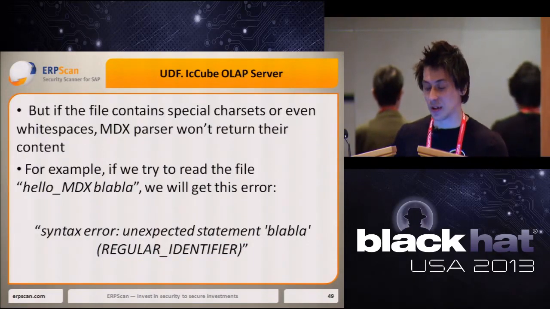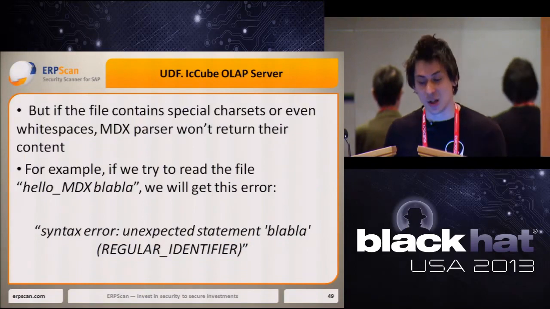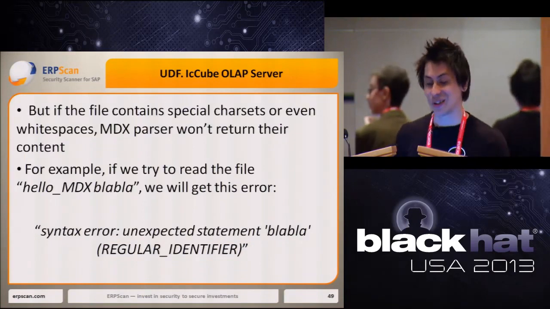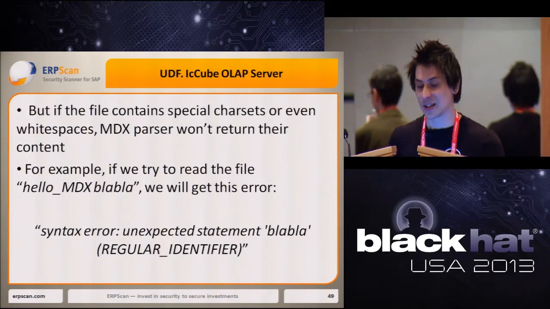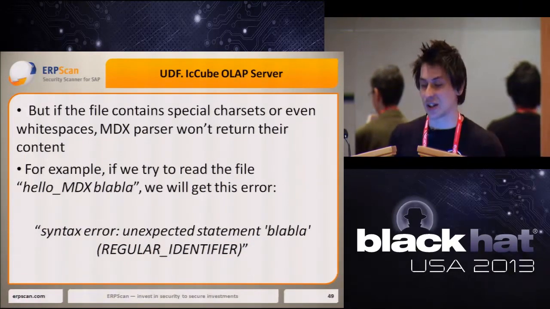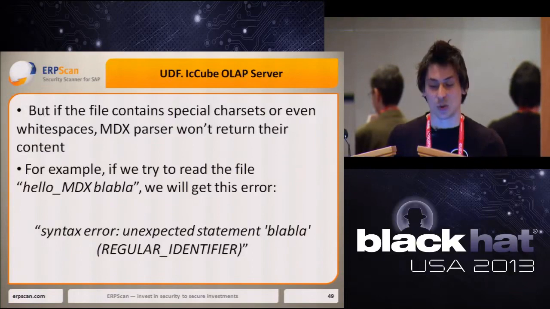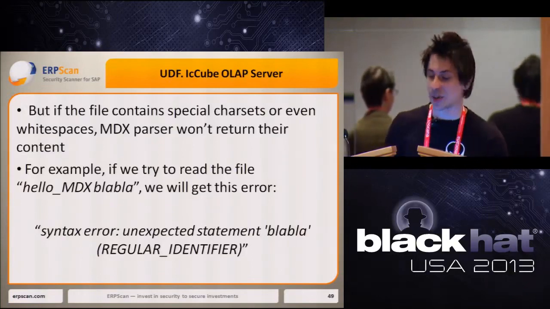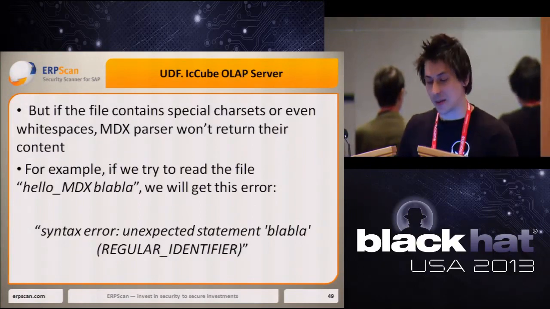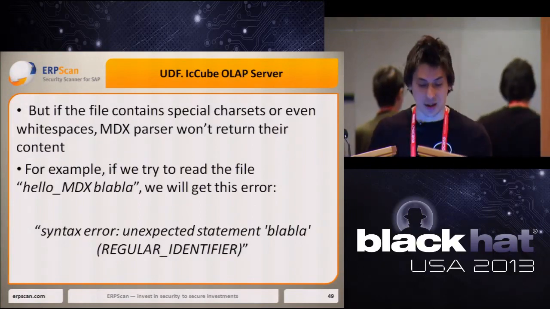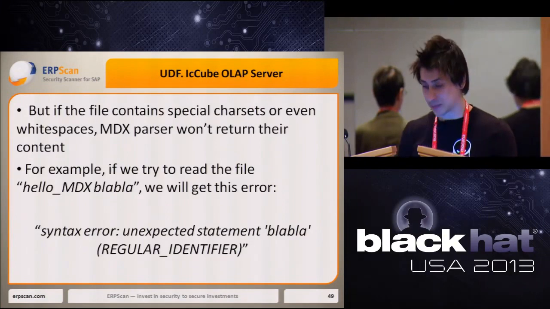Okay, we can read a file from the server, but we don't manage to read anything interesting because special characters, commas, and even spaces crashed the MDX parser and only part of the file was transferred from the server. For example, if we try to read the file "hello MDX blah blah blah", we will get the error unexpected statement.